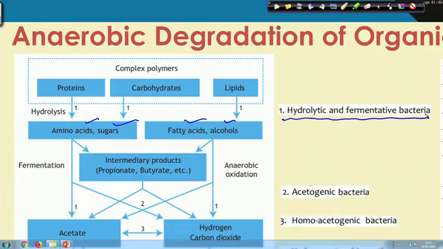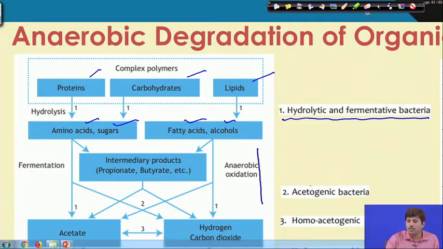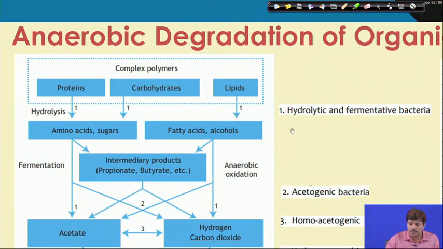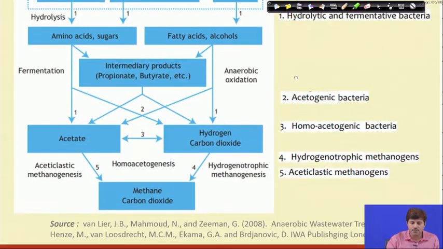Now, this again involves hydrolysis of proteins, hydrolysis of carbohydrates, hydrolysis of lipids, so we can subclass that way. Then these amino acids, sugars, long chain fatty acids and alcohol could further be acted upon by the same group of bacteria and converted to simpler or smaller products.